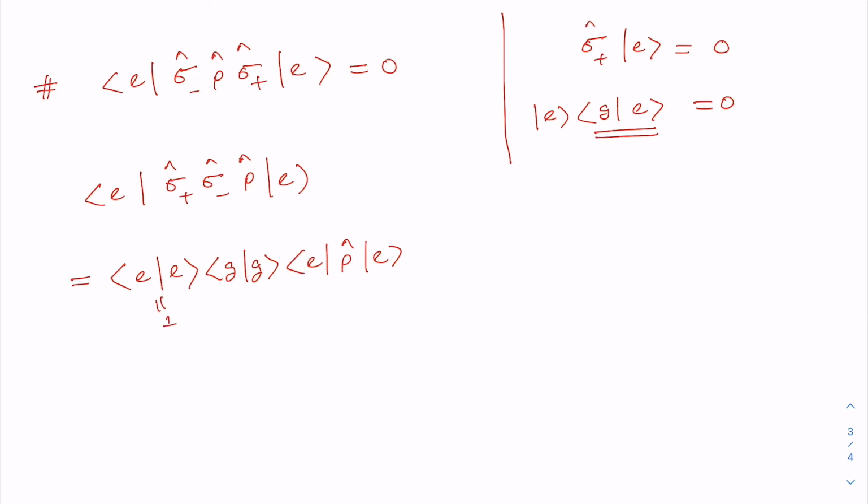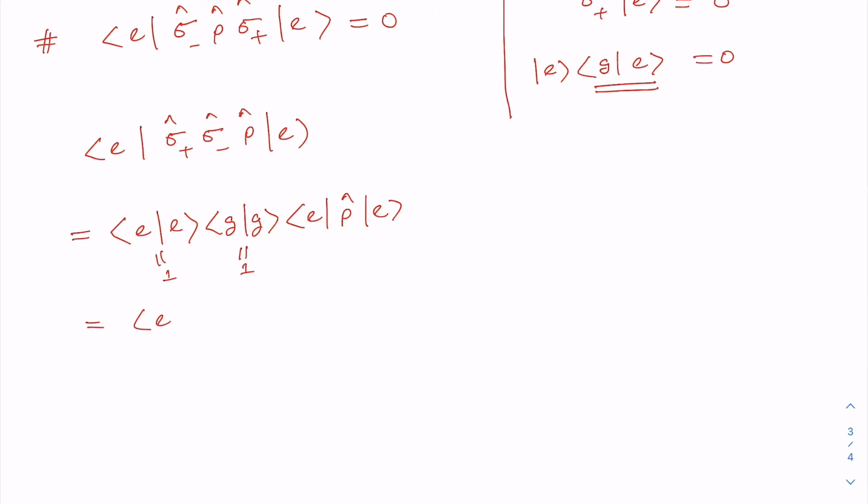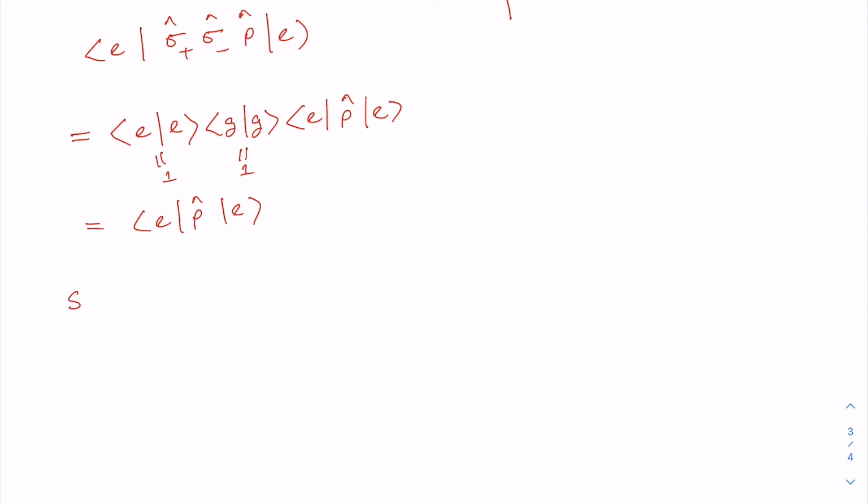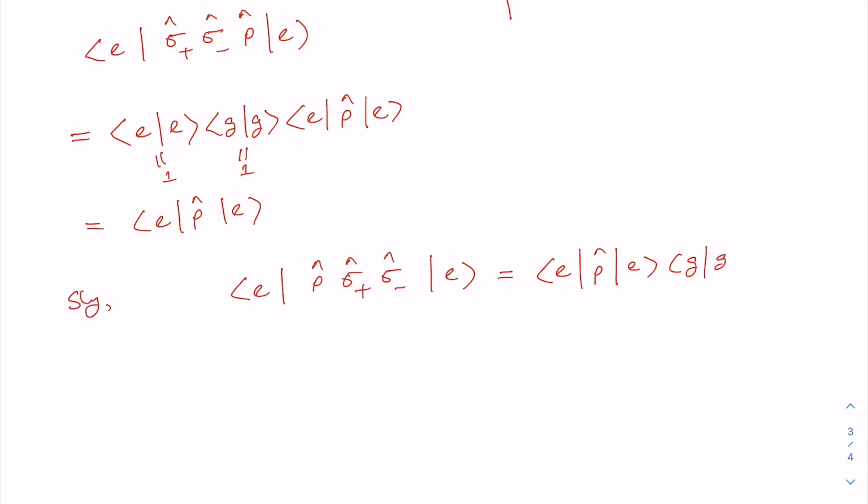This is a scalar product, it is equal to 1, this is normalized, this is also 1, so you will be left with simply ⟨e|ρ|e⟩. Similarly, you can show that ⟨e|ρσ₊σ₋|e⟩, if I do it explicitly, you will have ρ, and here you will have |e⟩⟨e|e⟩, so this is also equal to ⟨e|ρ|e⟩.